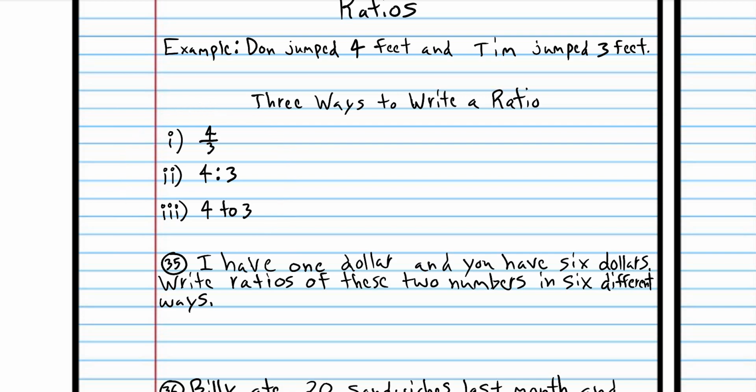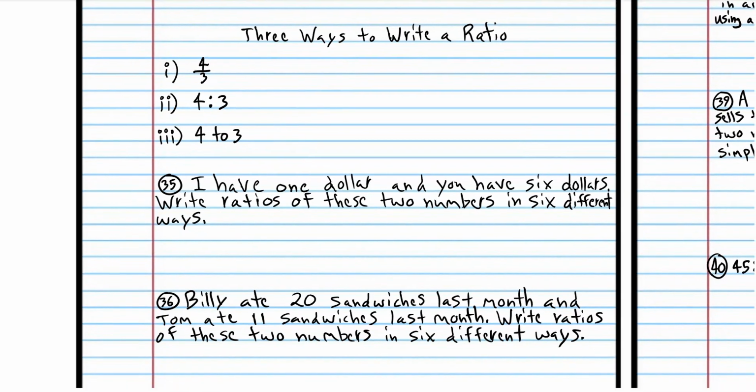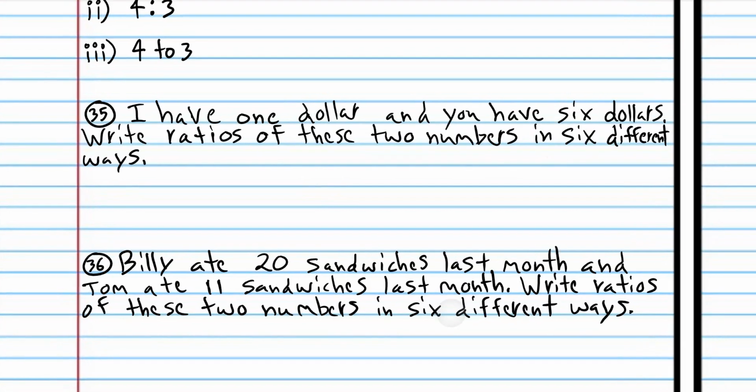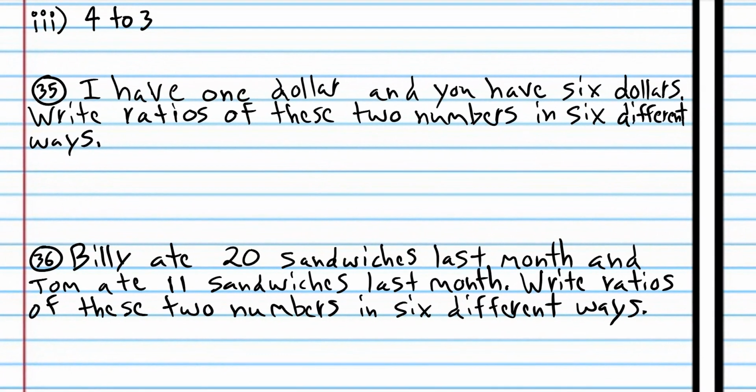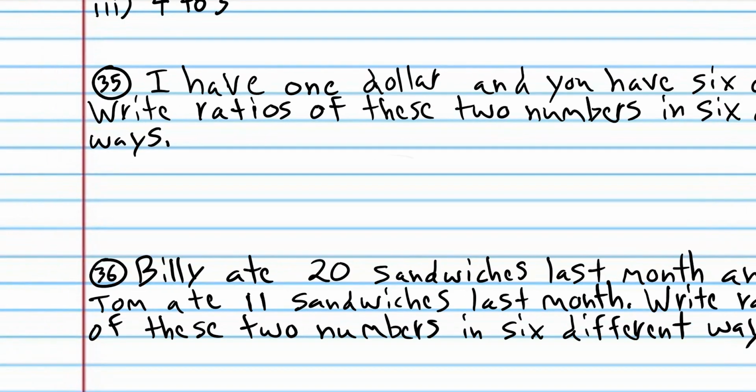So these are the 3 ways to write ratios. Again, ratios are just relations between two numbers. I know what you're thinking. You're thinking, well, who cares? I don't get why we need to write those numbers together. Well, these practice problems will hopefully give you an idea of why we care. It says here, I have $1 and you have $6. Write ratios of these two numbers in 6 different ways. So we'll do this one together.